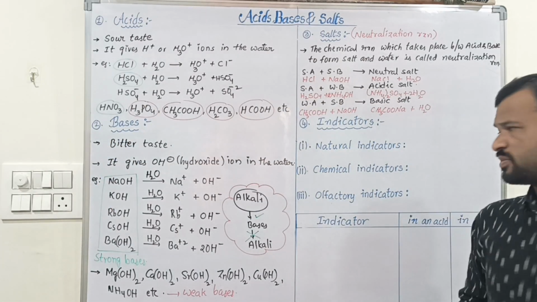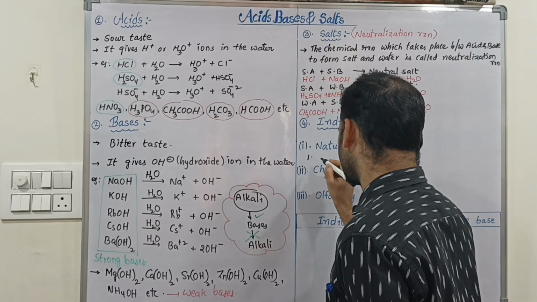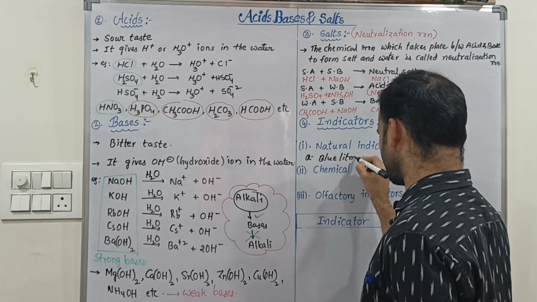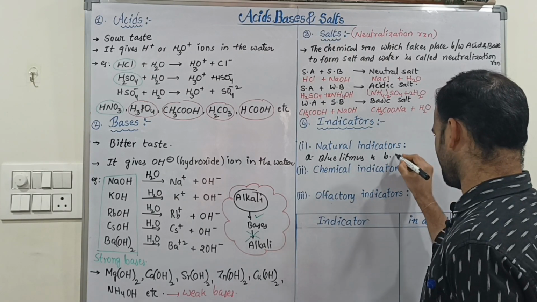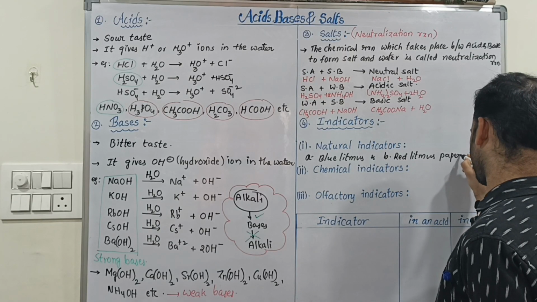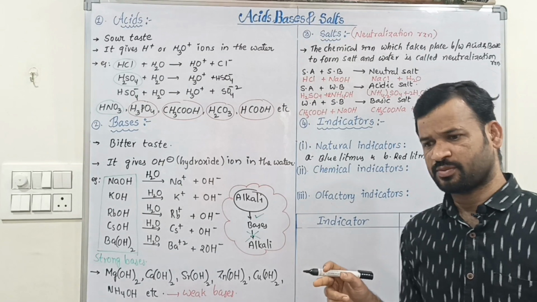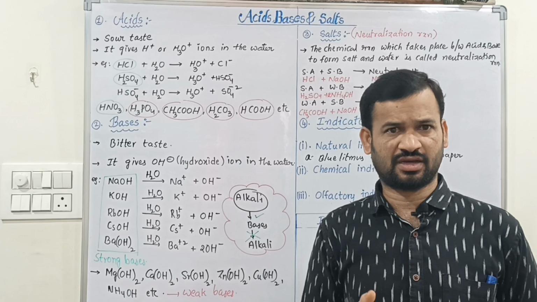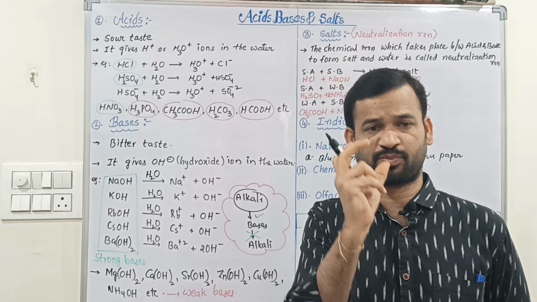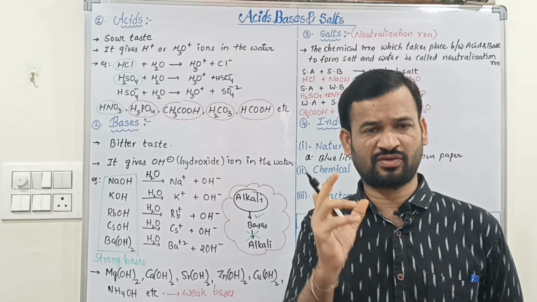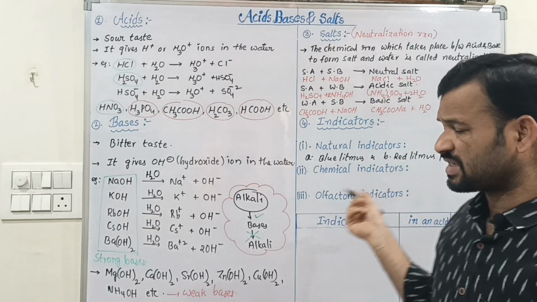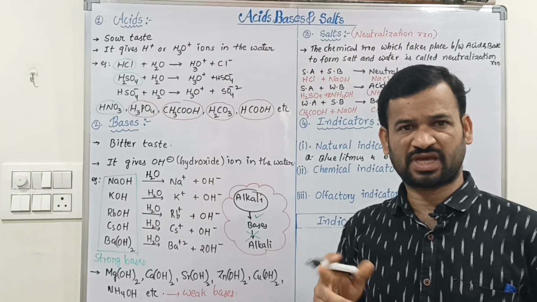So here we have two types: blue litmus and the second one, red litmus papers. Litmus paper is prepared using the lichen plant, from the stem. It is a part of the Thallophyta, the lichen plant. By using that we prepare blue litmus and red litmus papers. Litmus is available as papers and also as liquid, so both exist.